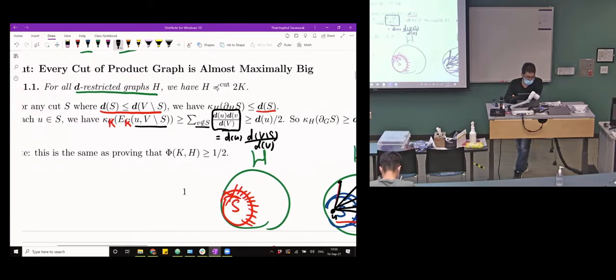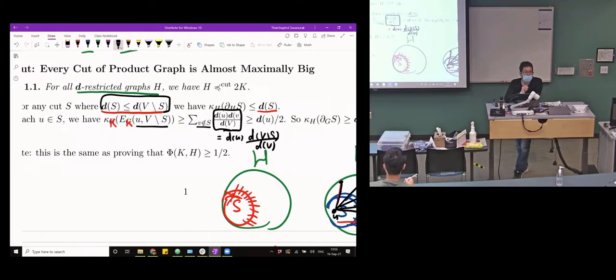We assume that S is on the smaller side, and we can always look at the smaller side of a cut, because if it's the bigger side, you just flip it. The cut size doesn't change.